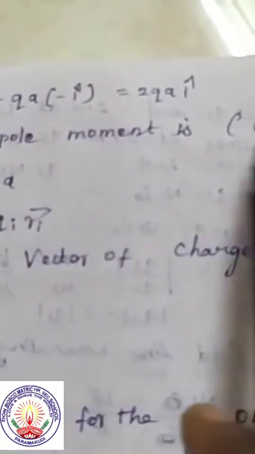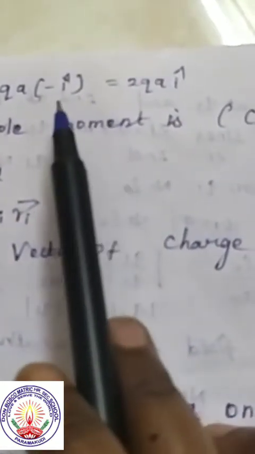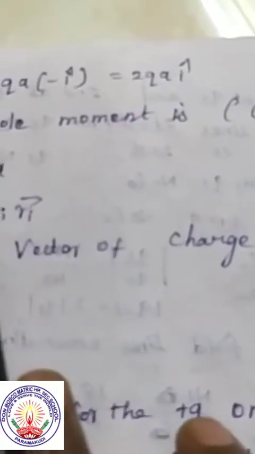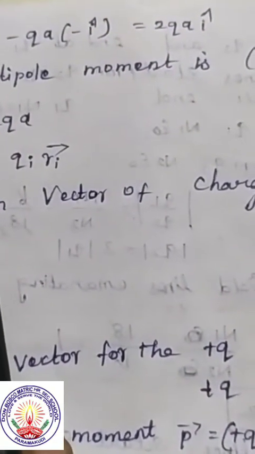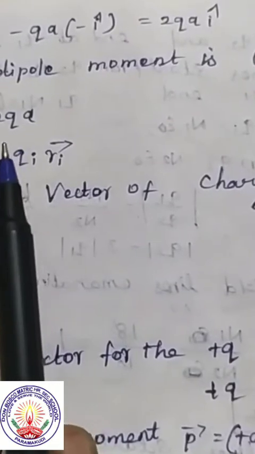X direction means right side is positive, left side is negative. So we get minus i cap. Then what is the SI unit of dipole moment? The SI unit of dipole moment is coulomb meter. So dipole moment, modulus of P vector is equal to 2QA.